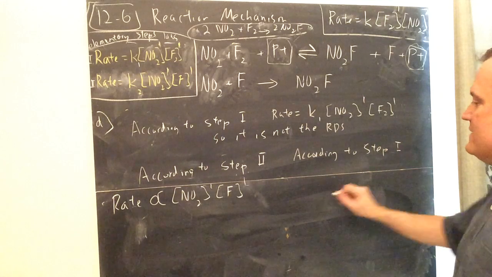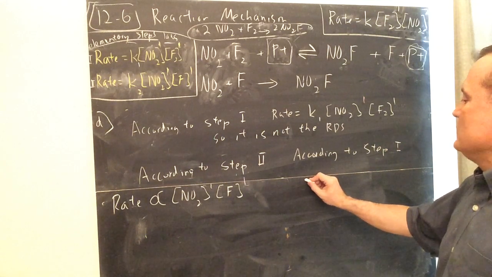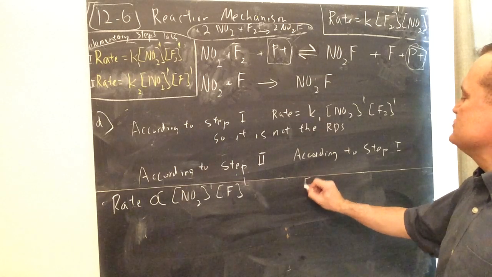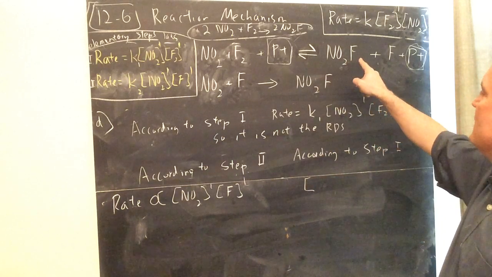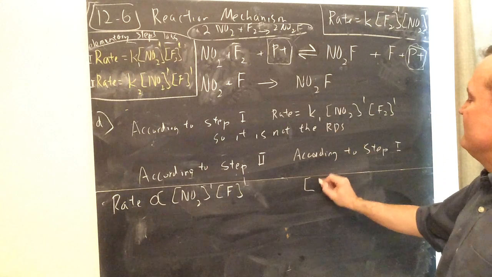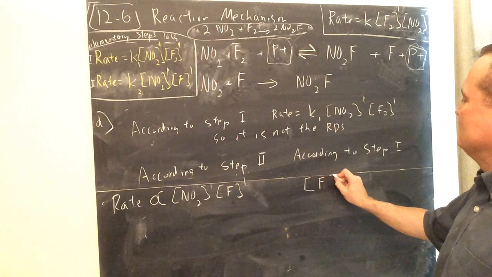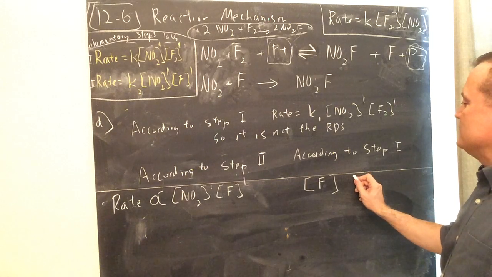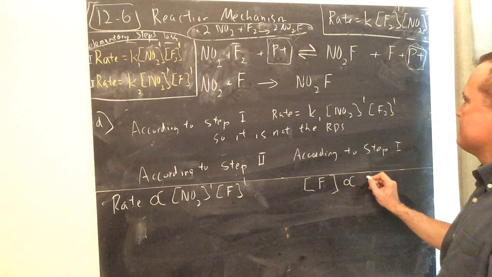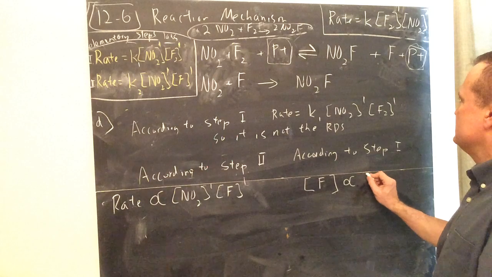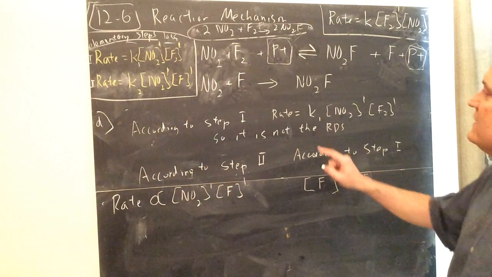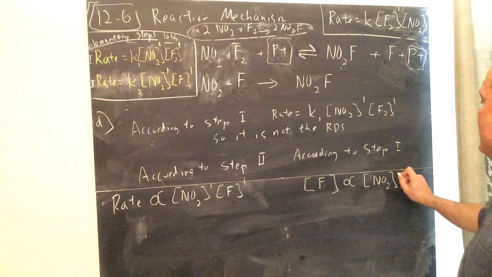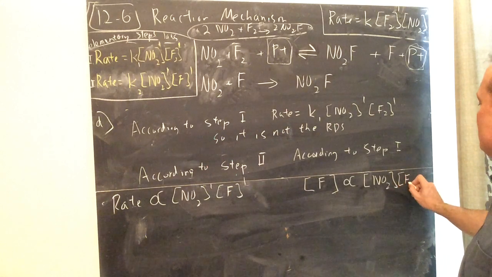elementary step number 1, look at this. The concentration of F is going to be proportional to the concentration of NO2 times the concentration of F2.